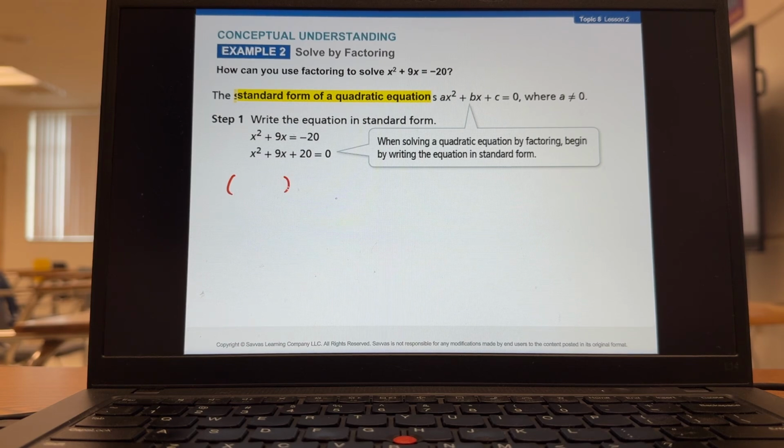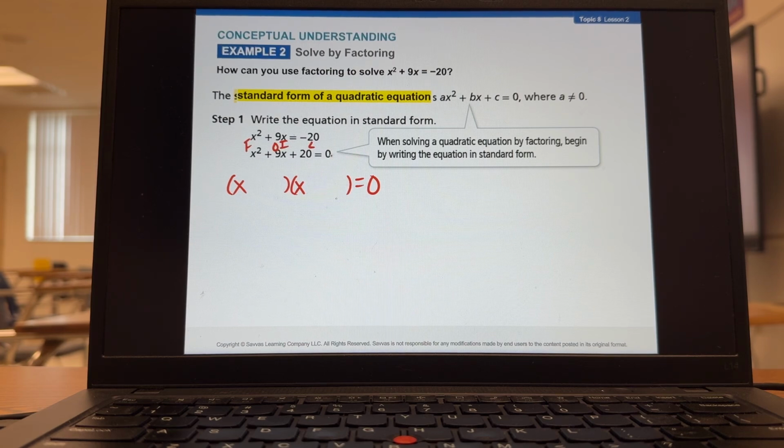These were the easy factorable ones. Remember that you're kind of undoing FOIL. So for x squared, the first two terms in each parentheses have to give you x squared: x times x. The last numbers have to give you 20 when you multiply them, and when you combine the outer and the inner, they have to give you a positive 9.